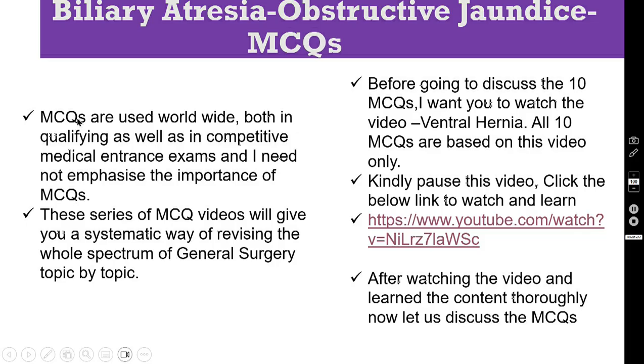Especially in competitive medical entrance exams like NEET PG, NEET SS, USMLE, UKMLA, AMC, they are using only MCQs.